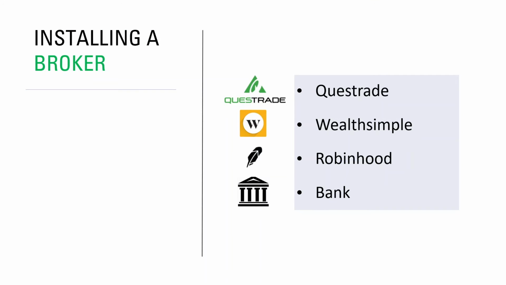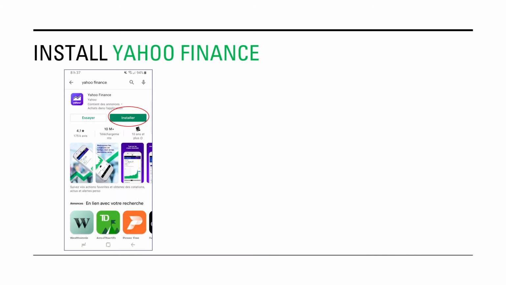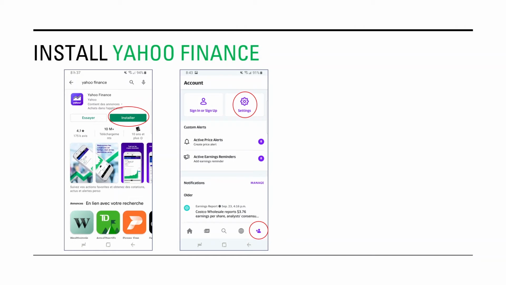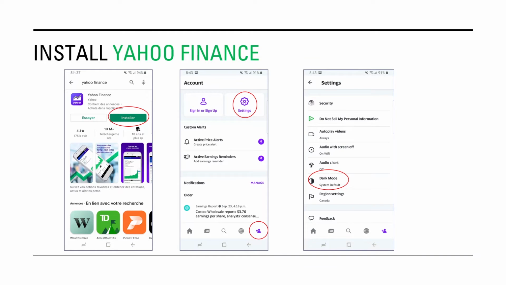First, you need to install a broker. The popular ones right now are Questrade, Wealthsimple, Robinhood, or any bank that you work with so that you can make trades on the stock market. Then you're gonna need to install Yahoo Finance. You need Yahoo because you're gonna wanna see each stock that you buy or want to buy.